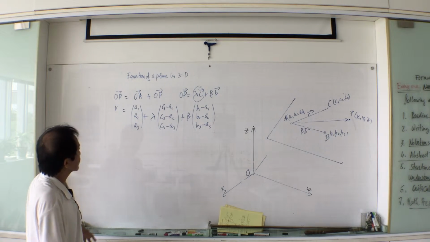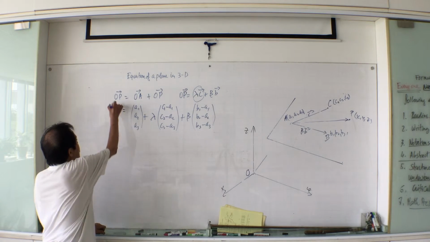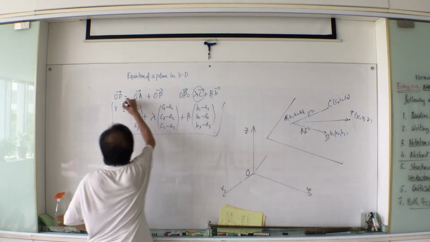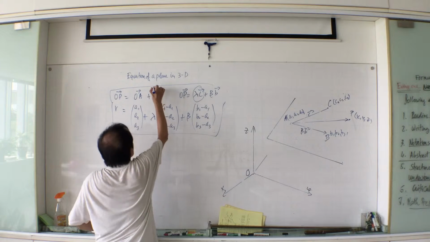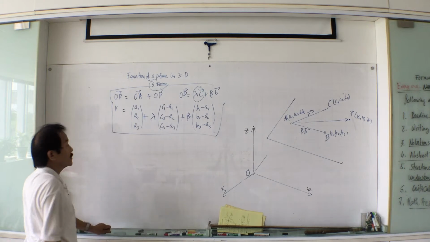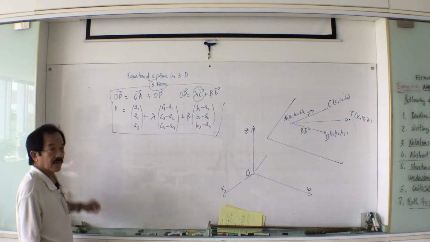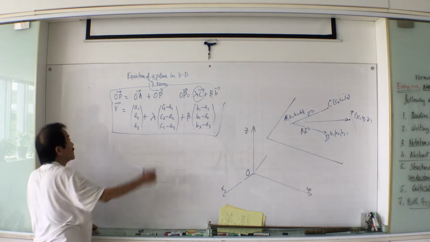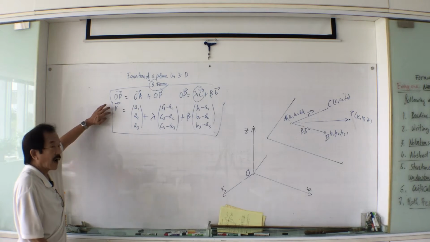So now the same thing with two dimensions, right? We have three forms. The first form here we call the vector form. R is a vector. The second form is you can turn it to the point form.